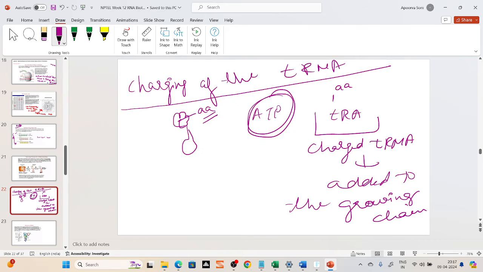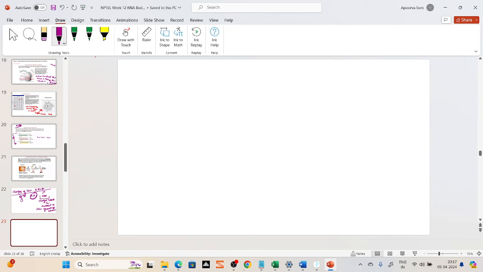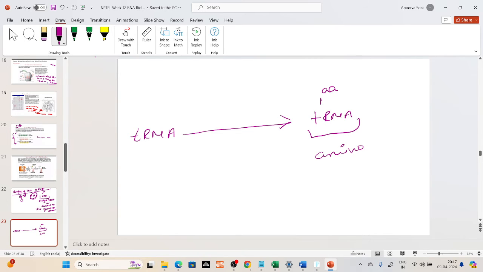So a normal tRNA, this is a tRNA. In this tRNA, the amino acid is added. And this tRNA, which is a charged tRNA, is known as aminoacyl tRNA.